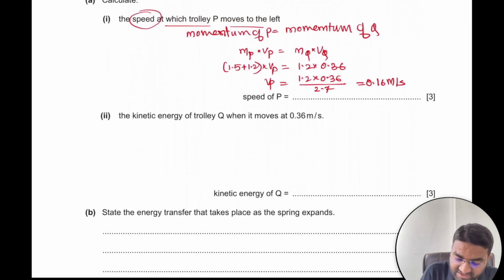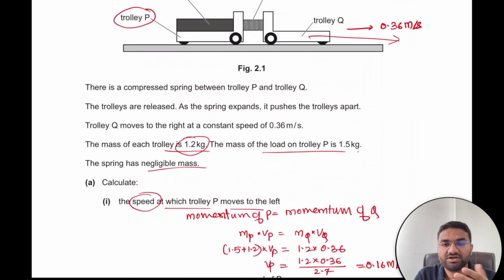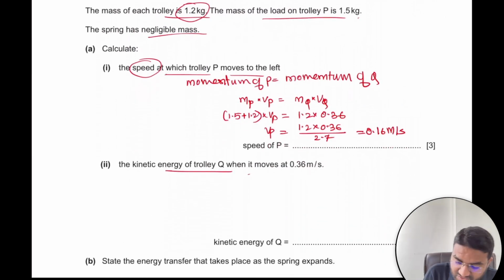Then the second part is the kinetic energy of trolley Q when it moves at 0.36 meter per second. Okay, when there is motion, there is kinetic energy. So here in this case, trolley Q is moving rightward with this velocity 0.36 meter per second, isn't it? And it involves kinetic energy. So for kinetic energy, we have a formula which is 1/2 m v squared.